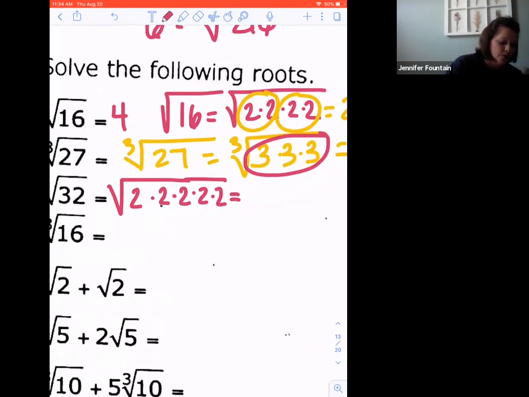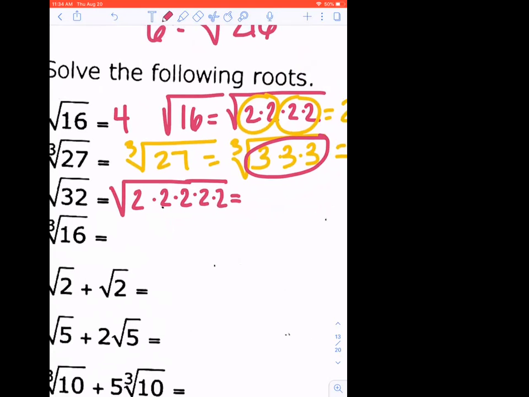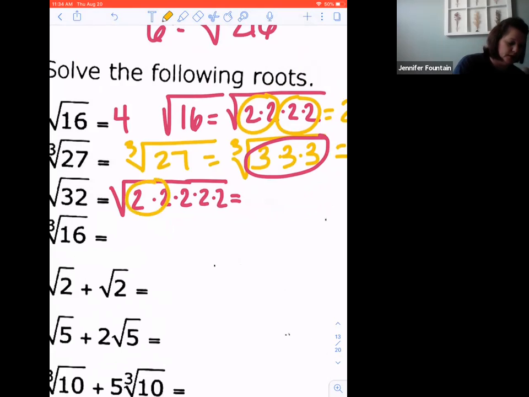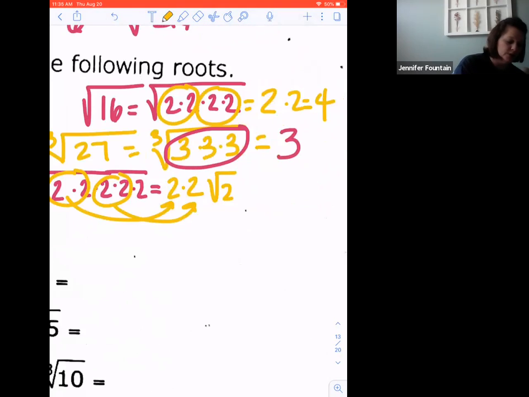So now, how many buddies do I need? 2 buddies. I've got 2 buddies there, and I've got 2 buddies there. So those buddies are able to come out. So I've got 1 group of 2, 2 groups of 2. Poor little guy ends up being left under the radical. So 2 times 2 is 4 times the square root of 2.